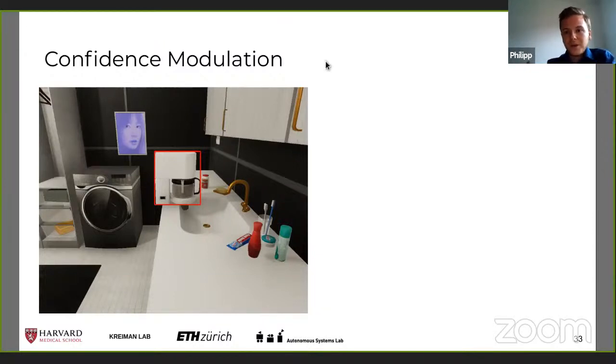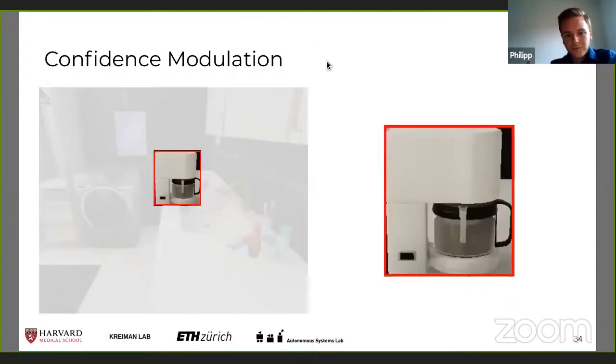So wouldn't it be nice in this situation if the model could fade out the background and concentrate on the target object features? Because in this case, the target object features themselves seem to be quite defining. So you should be able to tell right away that this is actually a coffee machine.